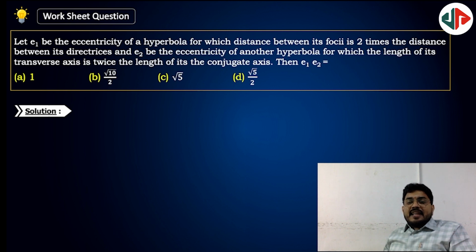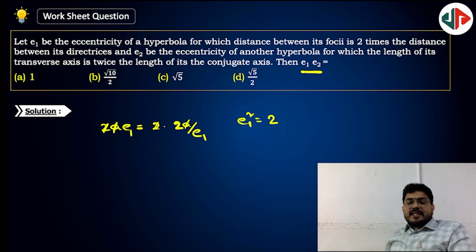Then they are asking E1 into E2. The distance between the foci is 2AE, which is 2 times the distance between the two directrices, that is 2A by E. So for E1, A cancels, 2 cancels, so E1 square is equal to 2.